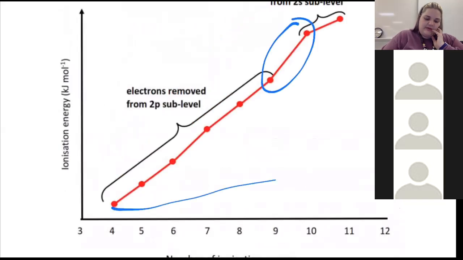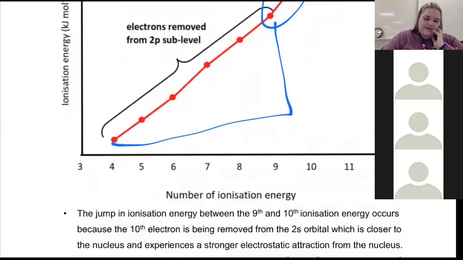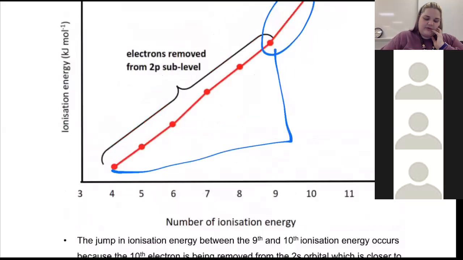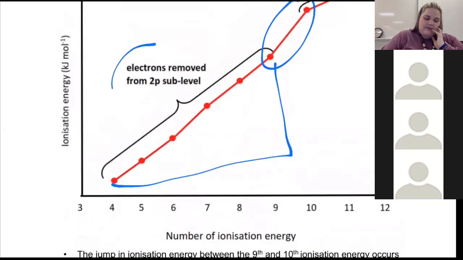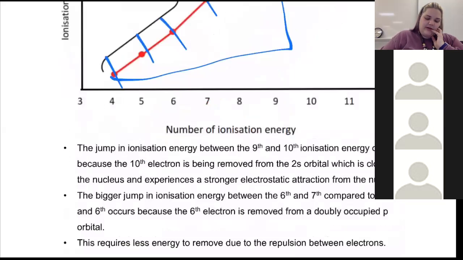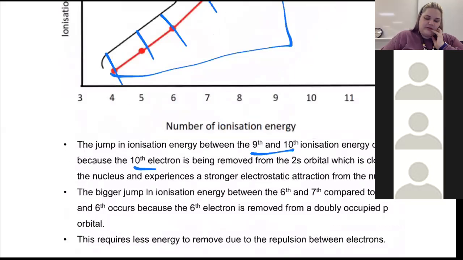So like it says here, electrons removed from the 2p sublevel, and if you count, there's 1, 2, 3, 4, 5, 6, right? Because every p sublevel can hold 6. And then after that, it says the jump in energy between the 9th and 10th occurs because the 10th electron is removed from the 2s orbital, which is closer to the nucleus, okay? So it experiences a stronger electrostatic attraction.